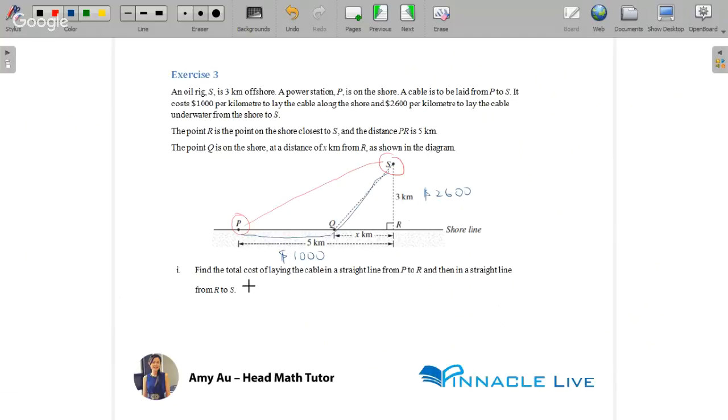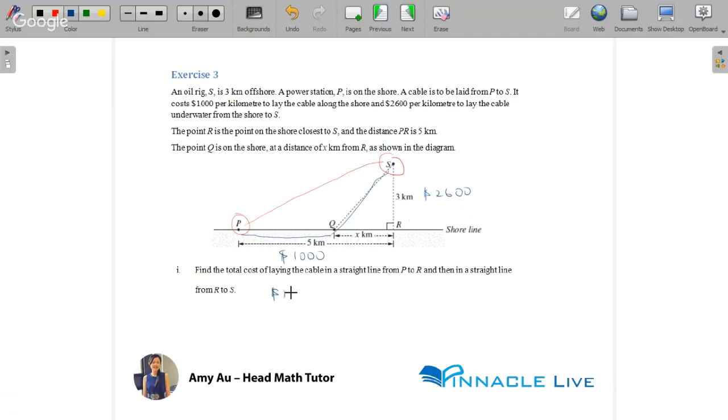All right, so in the first instance, we want to find the total cost of laying the cable in a straight line from P to R and then R to S. So we are looking at one of the extreme cases. Very easy. If you can multiply and add, that's pretty much it.